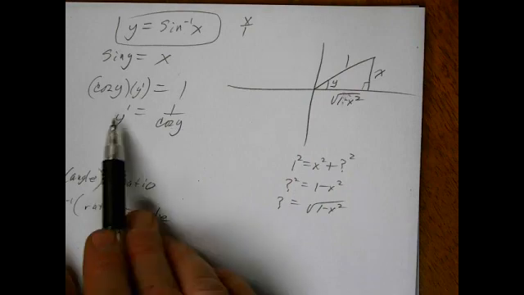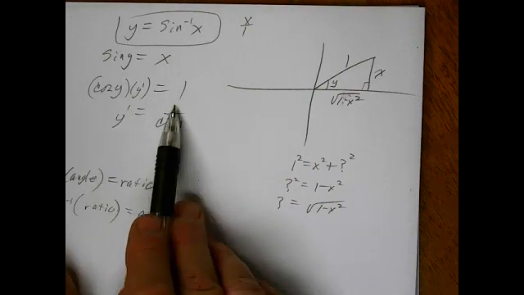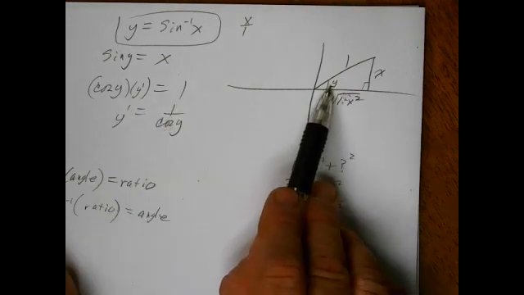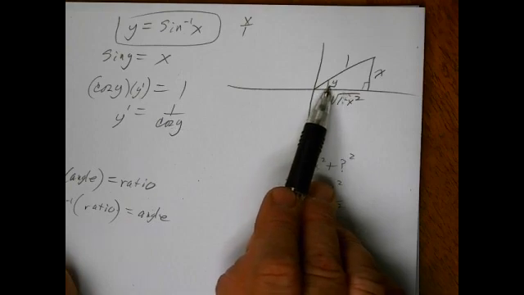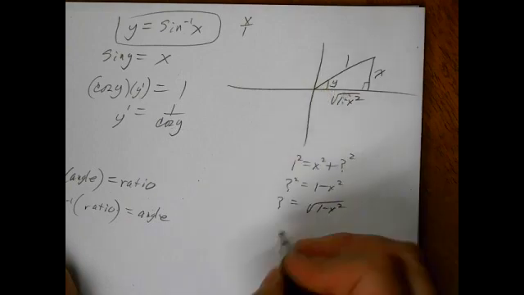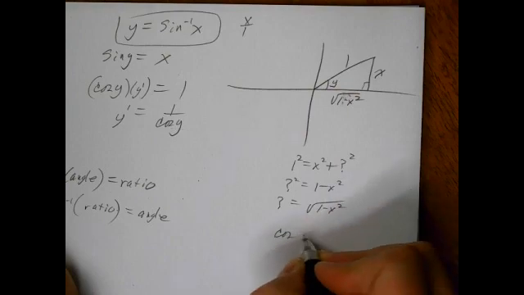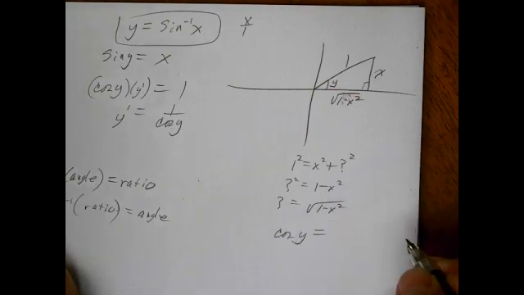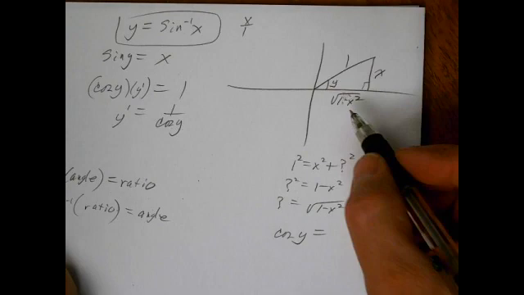We're being told that y prime is 1 over the cosine of this angle. Well, the cosine of angle y, if you remember, is adjacent over hypotenuse.